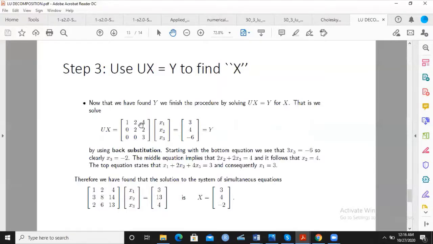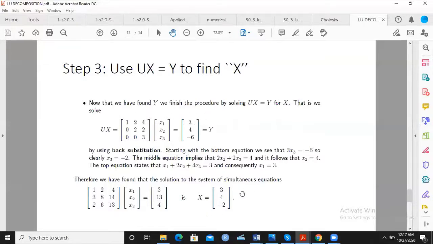You can see that this time if you use the last row, what will happen? 0 times x1 plus 0 times x2 plus 3 times x3 is equal to minus 6. So x3 is equal to minus 2. And then go in the backward direction, and you will obtain x2, then you will obtain x1. In this way you can always obtain the values of x1, x2, x3.